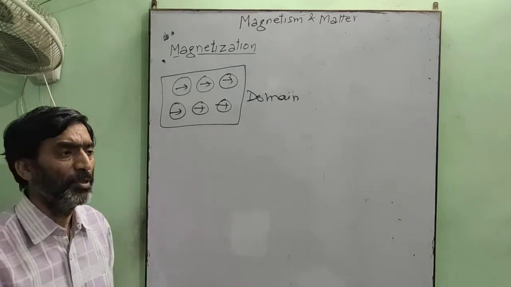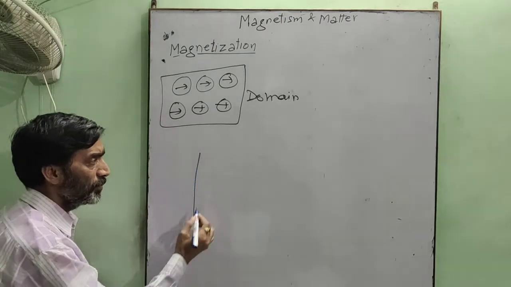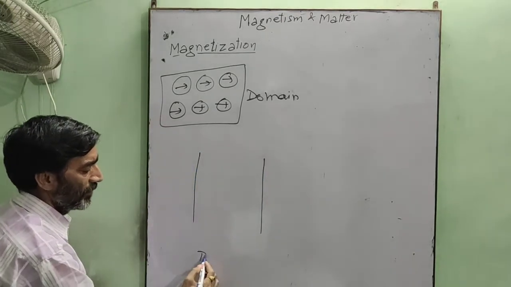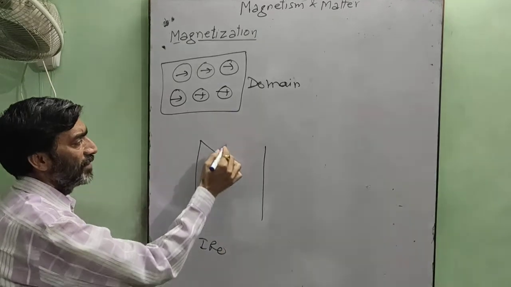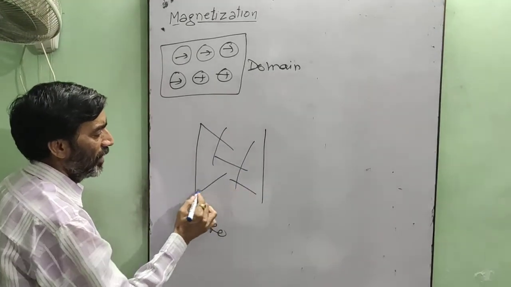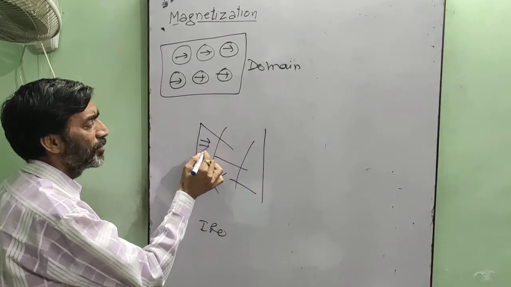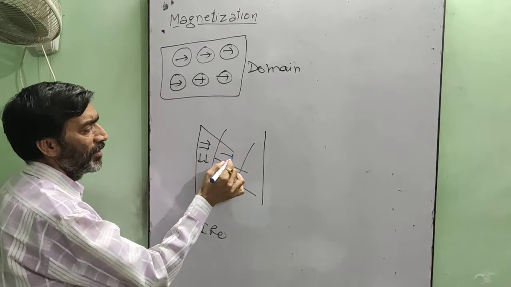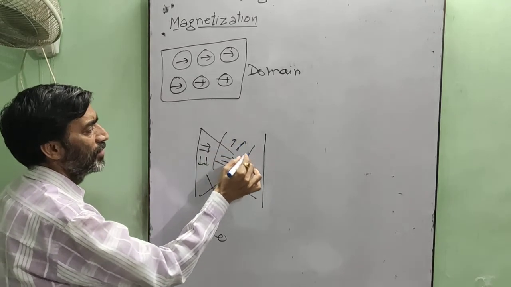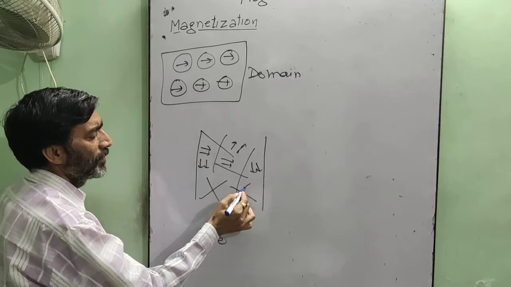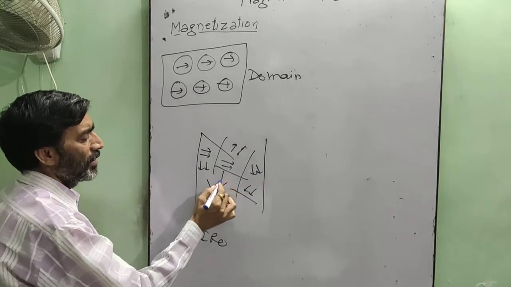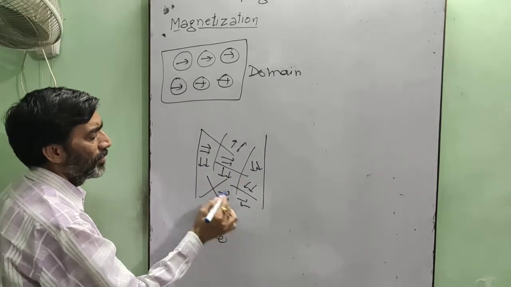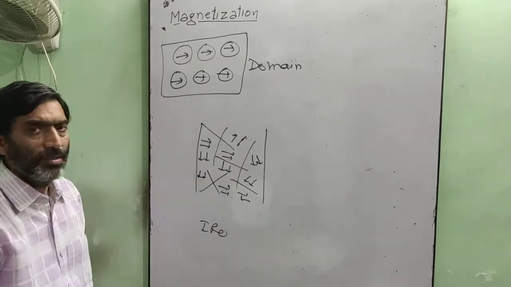The difference between the two is this: suppose this is iron and the domains are randomly distributed in different directions. It means all the domains cancel or neutralize each other's effect.